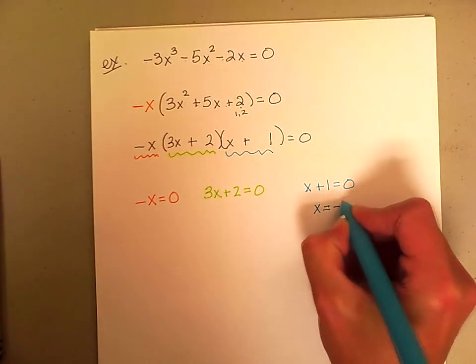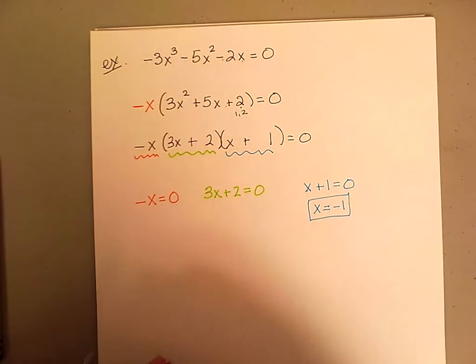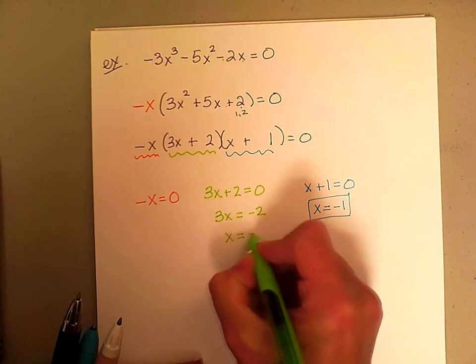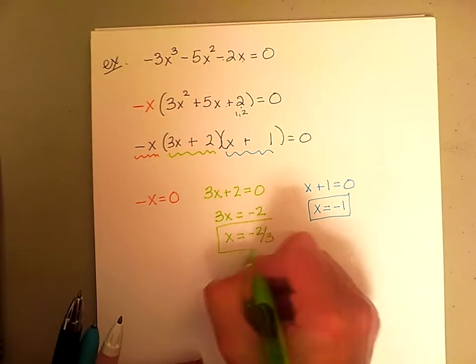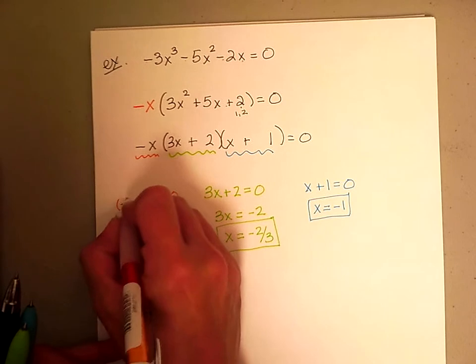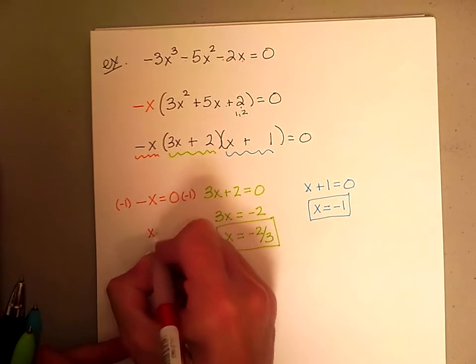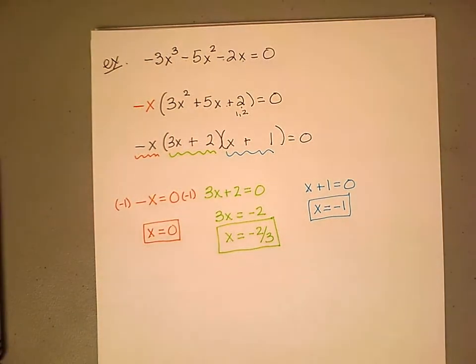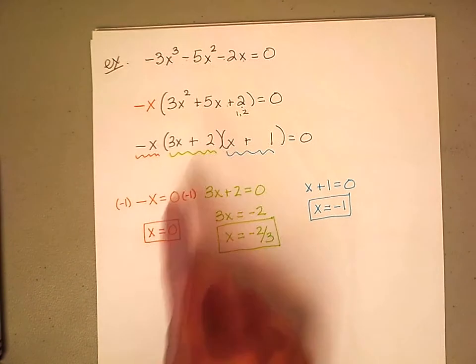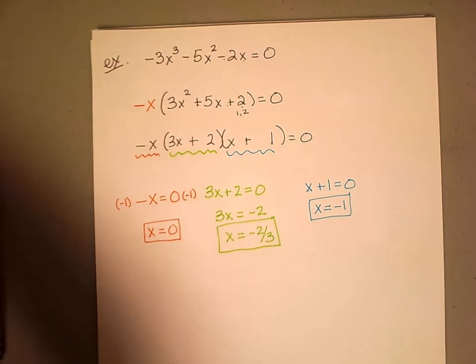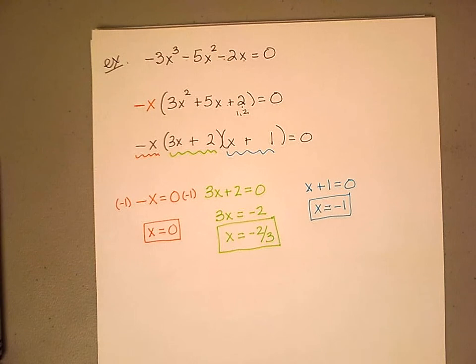So either x is equal to negative 1, or here 3x is equal to negative 2, so x is equal to negative 2/3. Or here, if we multiply by a negative 1, we'll get positive x is equal to 0. So in this case, we had a third degree equation, and we came up with 3 answers. So factoring is the easiest way we can do it.